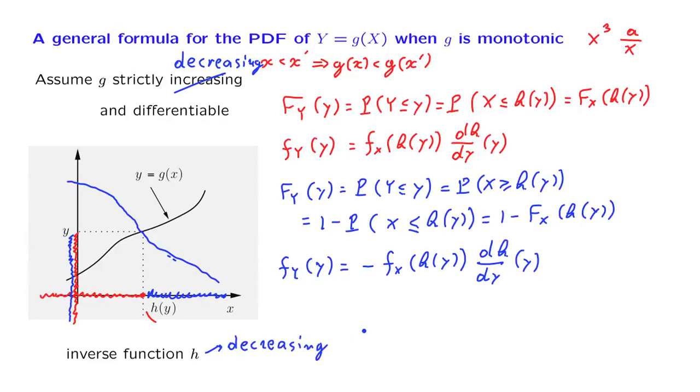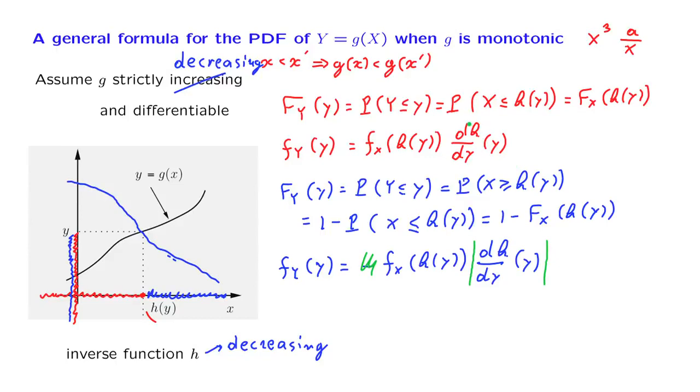Since it is decreasing, it means that the slope, the derivative of the function h, is going to be either 0 or negative. And so minus a negative value gives us the absolute value of that number. So we can rewrite this by removing this minus sign here and putting an absolute value in this place.